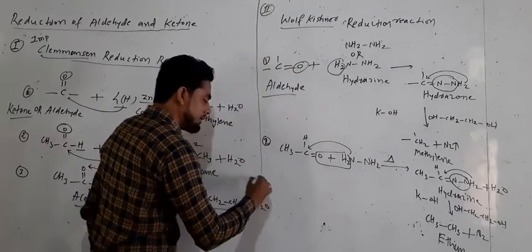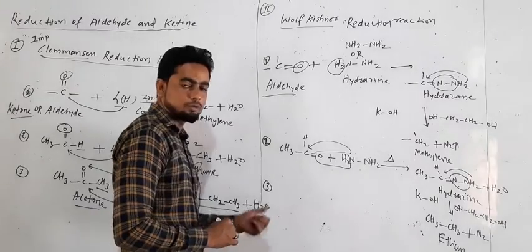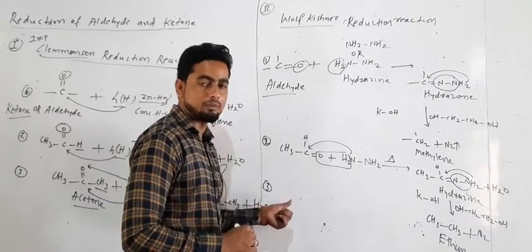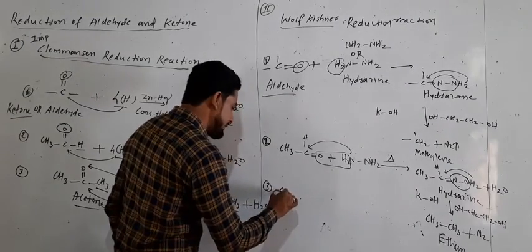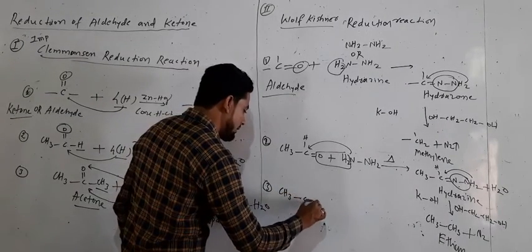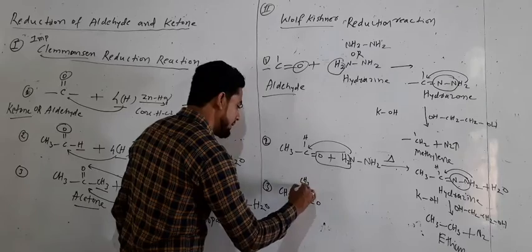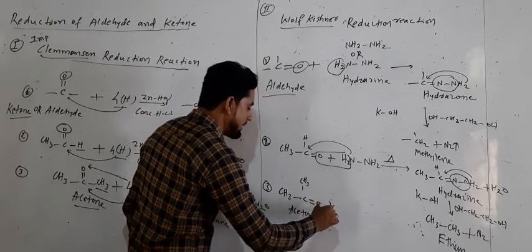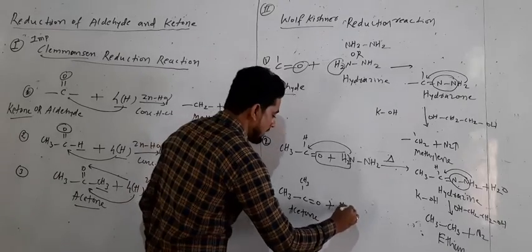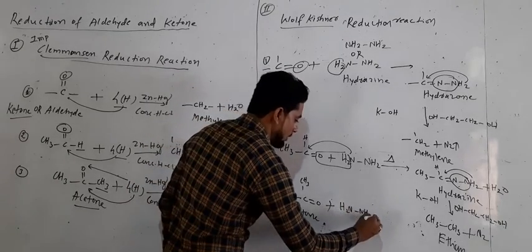Now this example number 3 you have to solve, and after solving, you have to send it to my personal WhatsApp, okay? So when acetone, CH3C double bond O CH3, is reduced with the help of hydrazine, what product do we get?